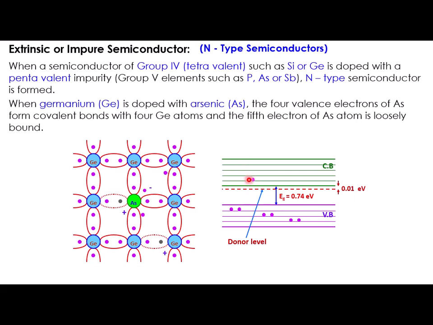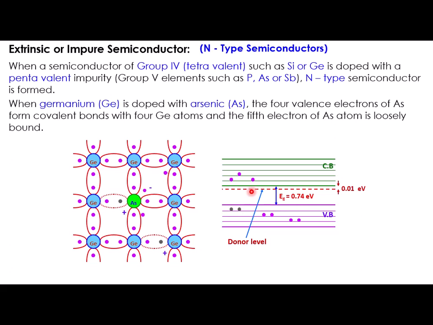And if you further increase the temperature, then some electrons from the valence band will move to the conduction band. These electrons which are coming from the valence band to the conduction band are called intrinsically generated electrons, for which there will be corresponding holes in the valence band.